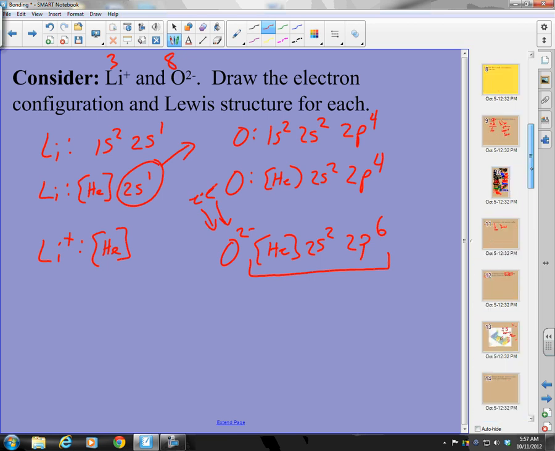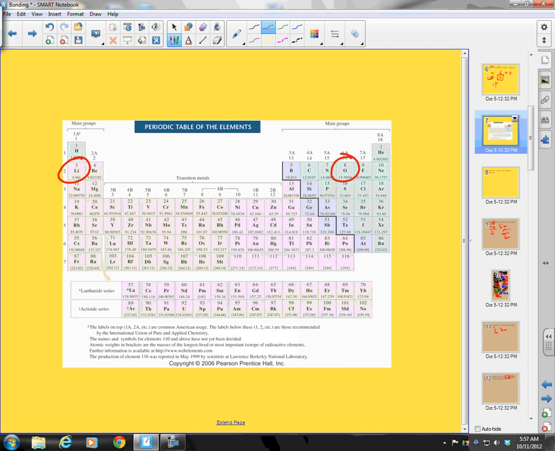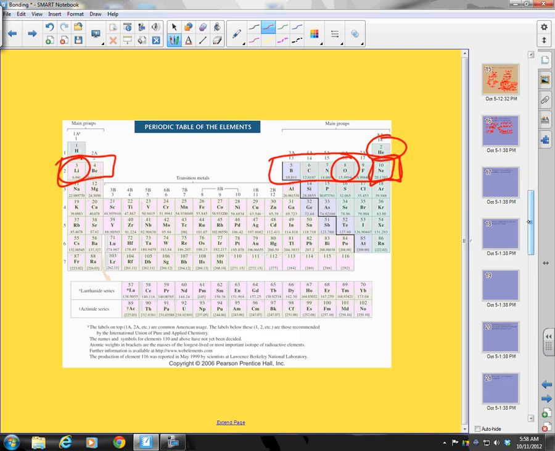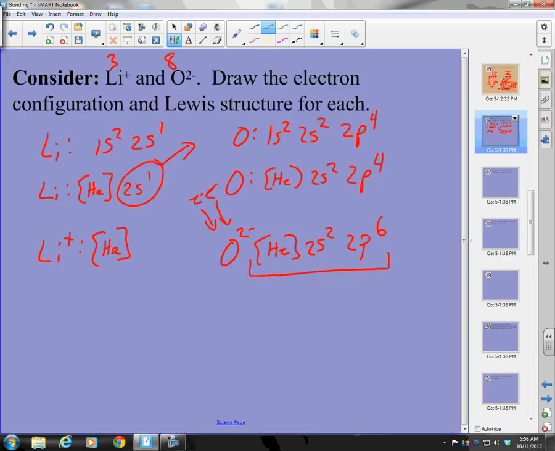Let's go back and look at our periodic table. Here's my helium, 2s2, 2p6. What do I have? I really have a neon electron configuration. So my O2 minus is nothing but a neon electron configuration. Notice what's happened.